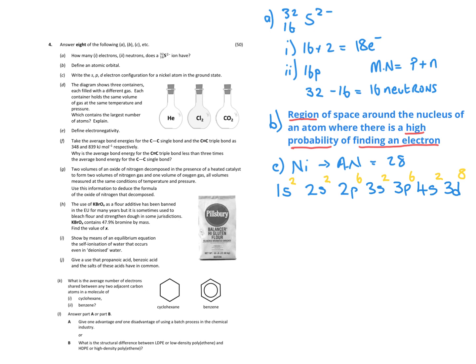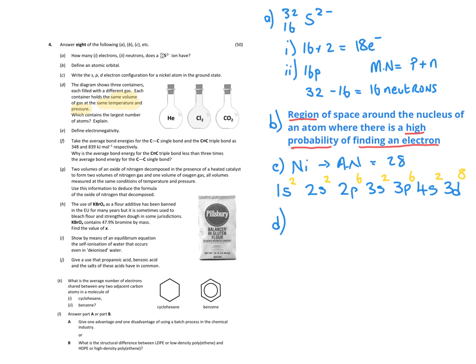So that's part C. Let's move on then to part D, and we said that part D came from the properties of gases chapter, and it is specifically linked to Avogadro's law. If we read the question carefully, a key part is that each container holds the same volume of gas at the same temperature and pressure.